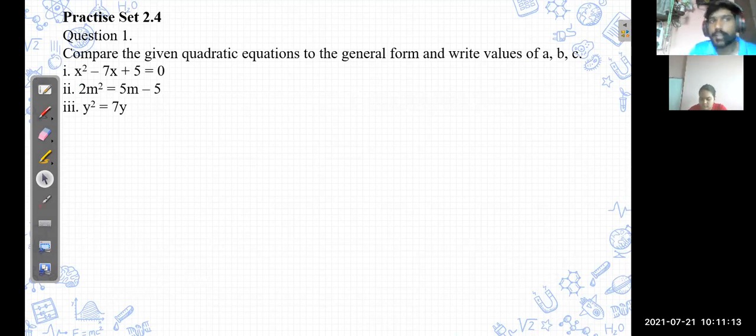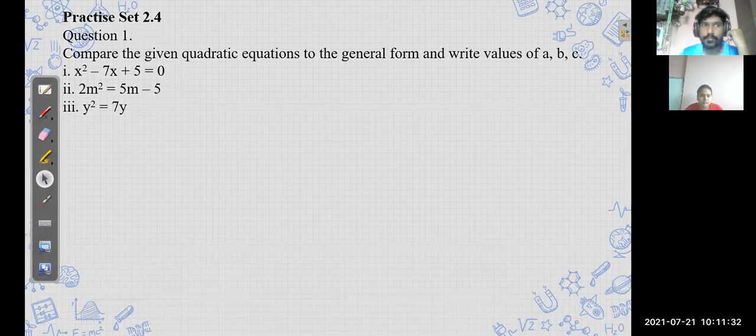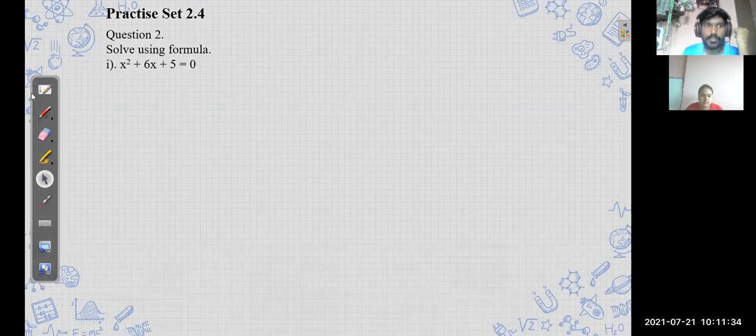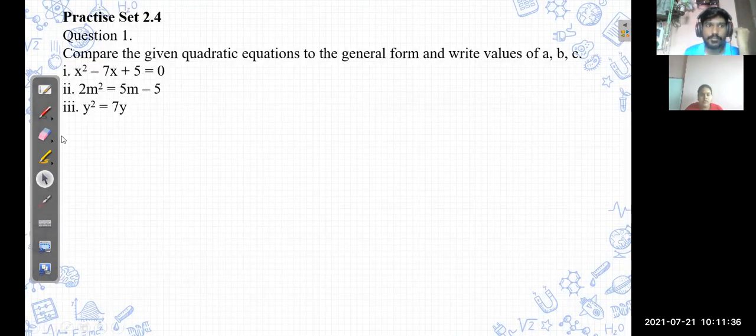So we can start with practice set 2.4, the first one. The first one is easy. I think you can do it yourself. It says compare the given quadratic equation to the general form and write the values of A, B, and C. So for the first one, can you tell me what A, B, and C are? A is 1, B is -7, and C is 5.